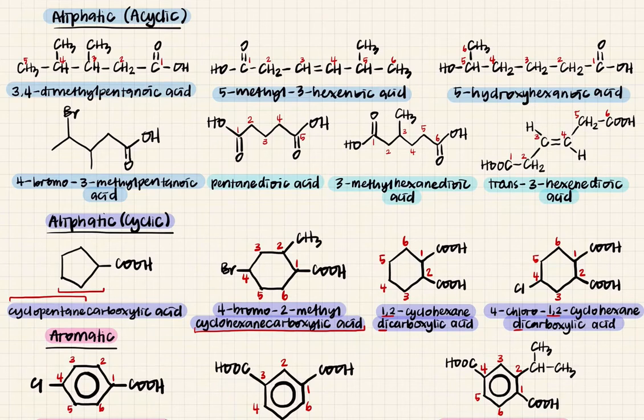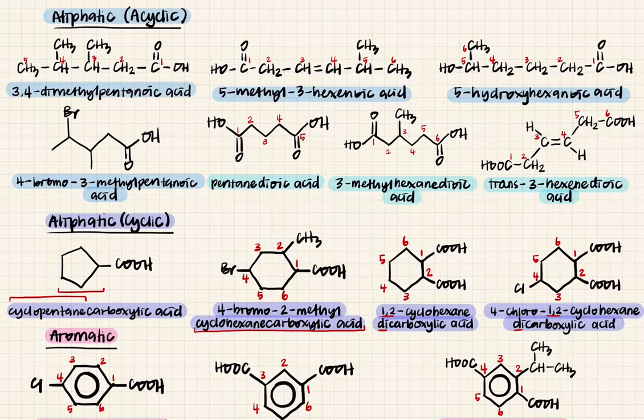Next, let's say if you have 2 carboxylic acid groups. Your aliphatic acyclic carboxylic acid will have a name, instead of oic only, it is dioic acid. So here when it is at the end, it will be pentane dioic acid.